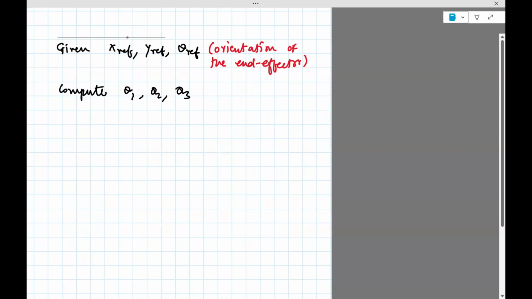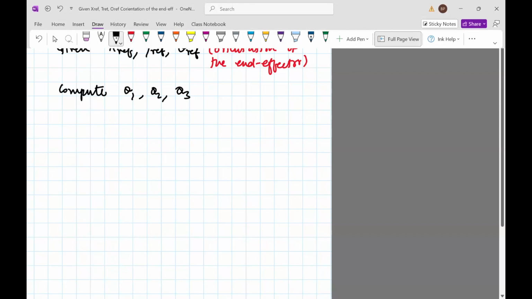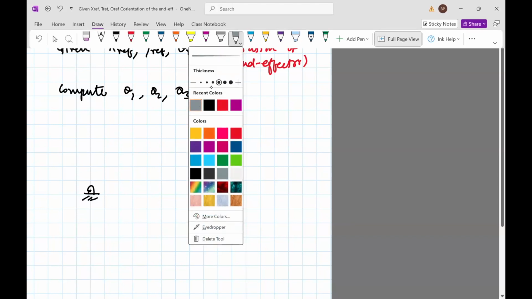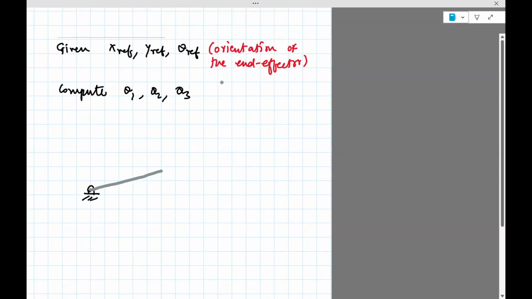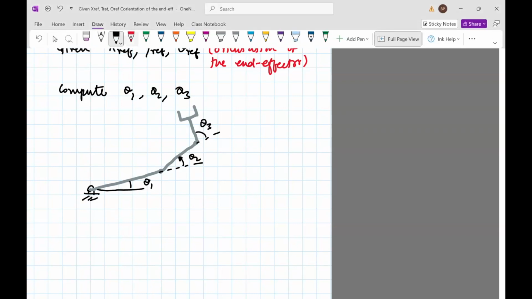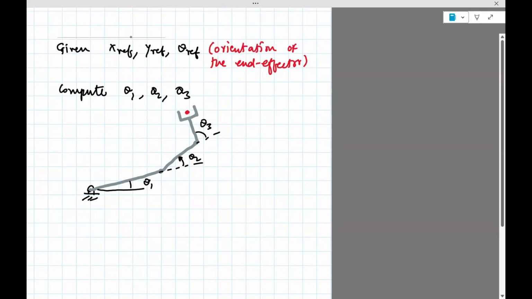Okay, so let me draw the manipulator in some positions, such that thetas are all positive, it makes it easier to do the calculations. Okay, we assume these lengths to be L1, L2, L3.